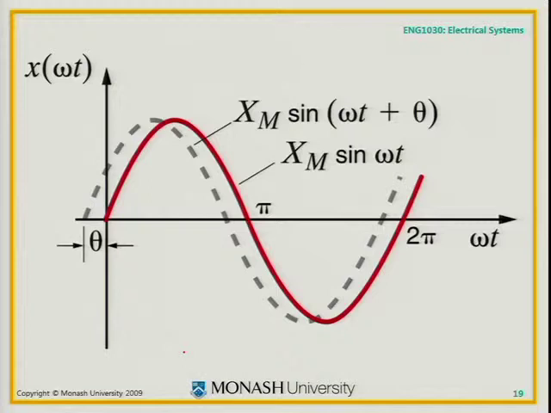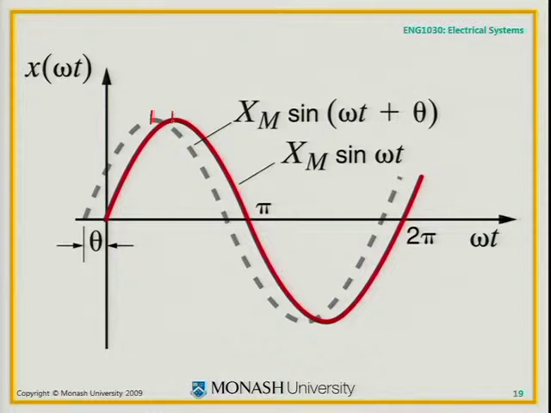Some terminology, though, called leading and lagging. We talk about, in this case, the dashed one. Do you think that dashed sinusoid is sort of ahead or behind the other one? It's ahead. It reaches its peak up here a little bit before the red one. So we say the dashed line is leading the red line, and in this case, it is leading the red line by theta.